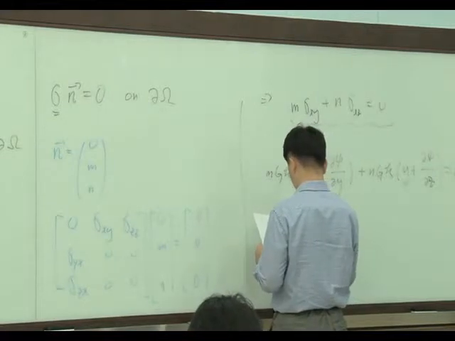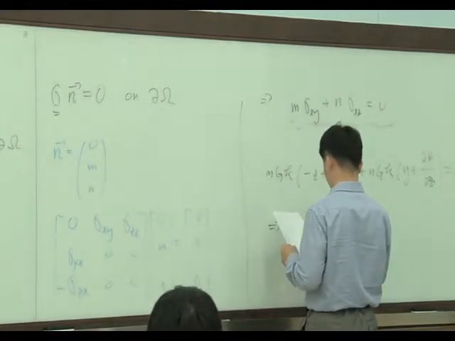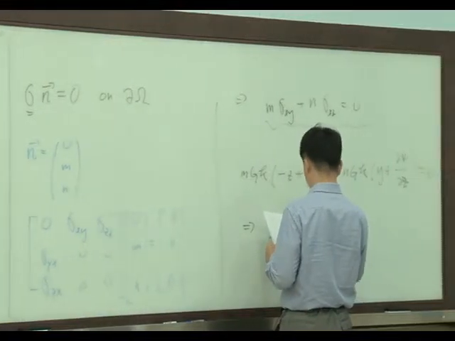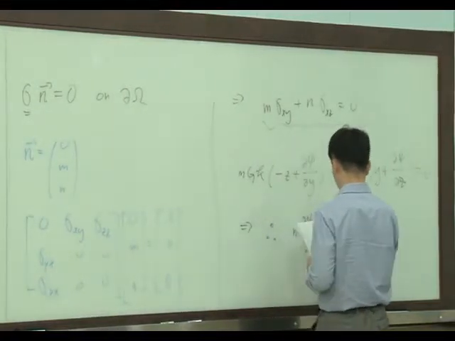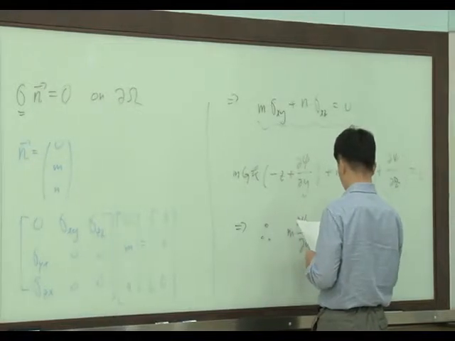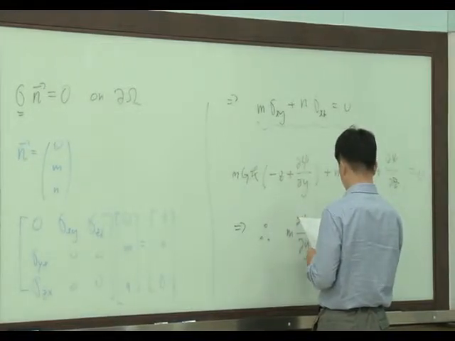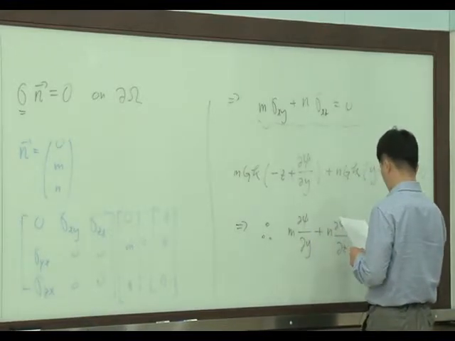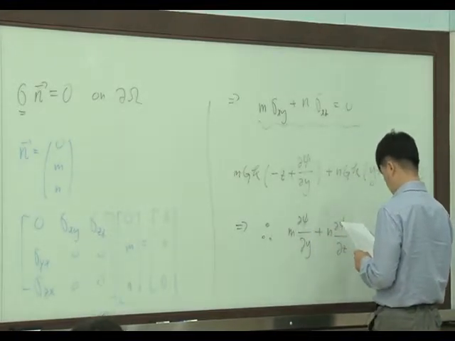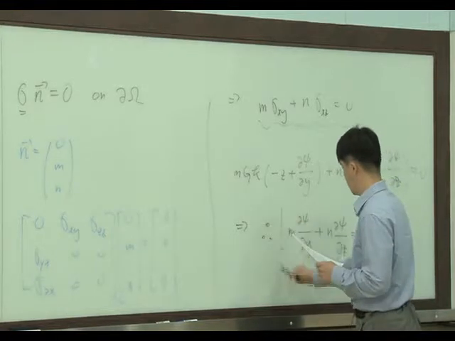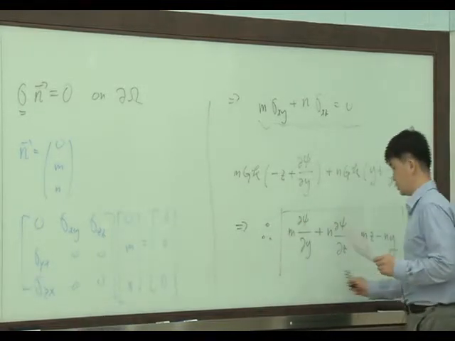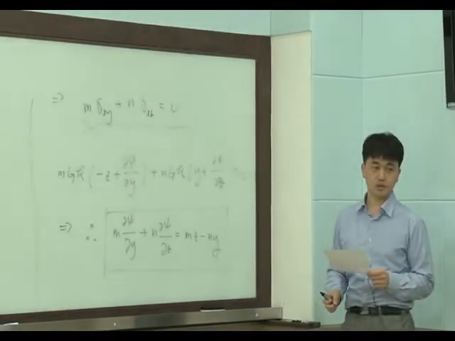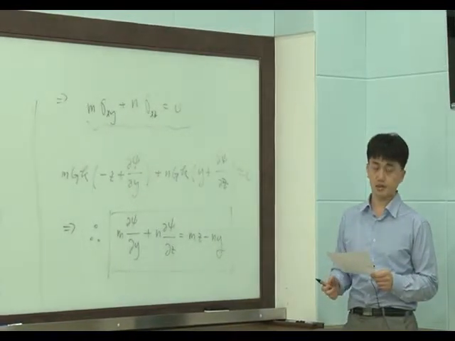And finally, the derivative terms equal m z minus n y. This is another equilibrium result from the equilibrium equation.